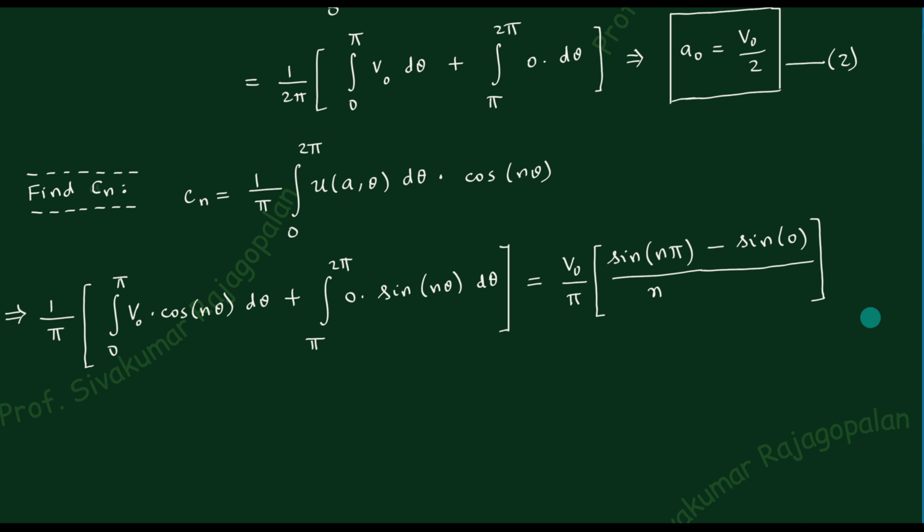So finally what happened is sine 0, sine n pi. That's how we get. Both of them are 0, right? So that's why entire thing goes to 0. So we have Cn is equal to 0.